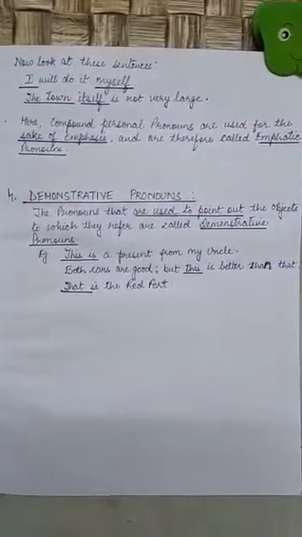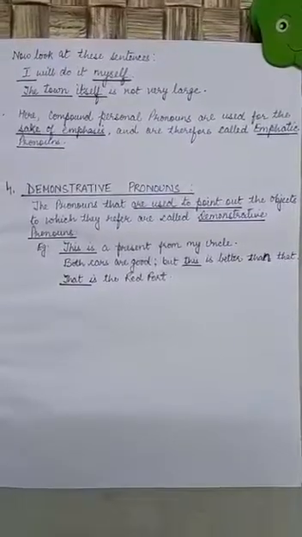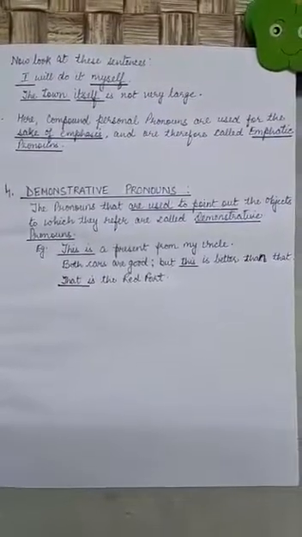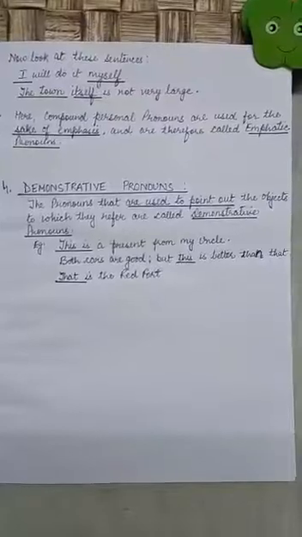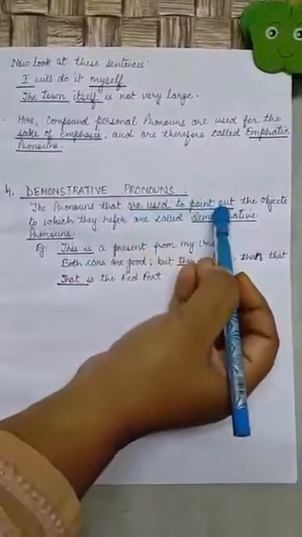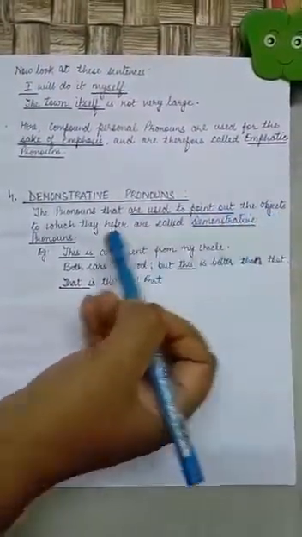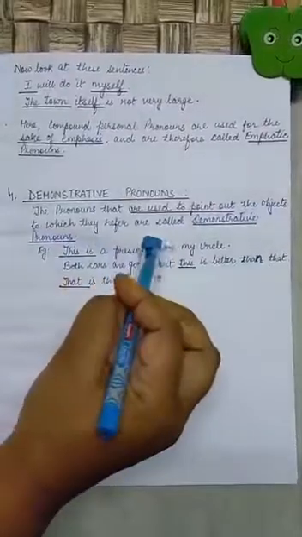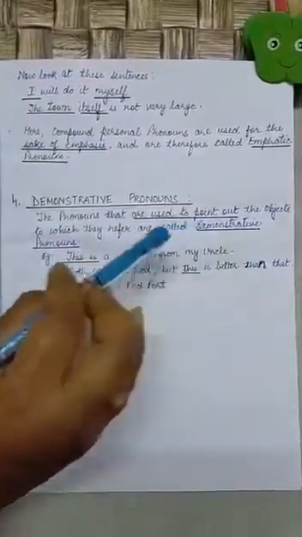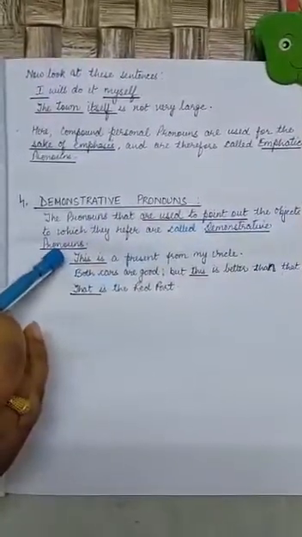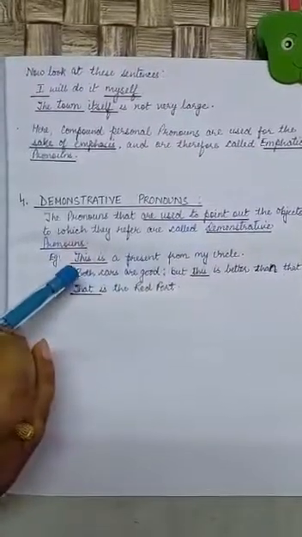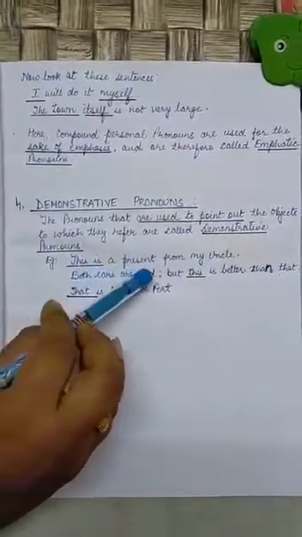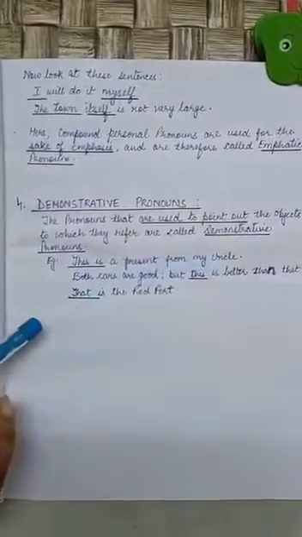The fourth kind of pronoun is demonstrative pronouns. The pronouns that are used to point out the objects to which they refer are called demonstrative pronouns. For example, this is a present from my uncle.